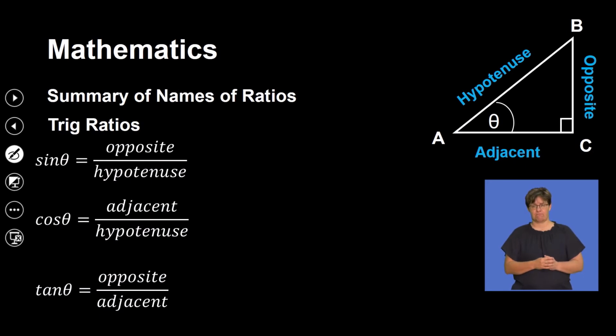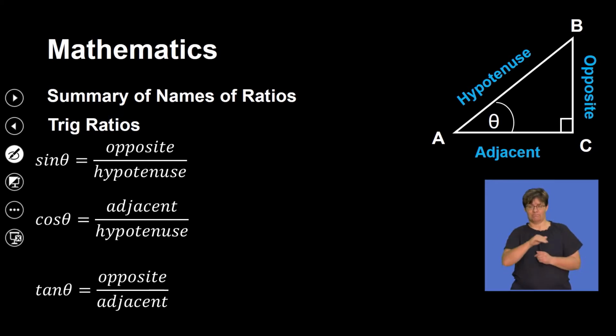Now, the ratios and their names: sine theta is opposite over hypotenuse. Remember, I said it can also be OPP over HYP. Cos theta is adjacent over hypotenuse, which can also be ADJ over HYP. And then tan theta is opposite over adjacent.